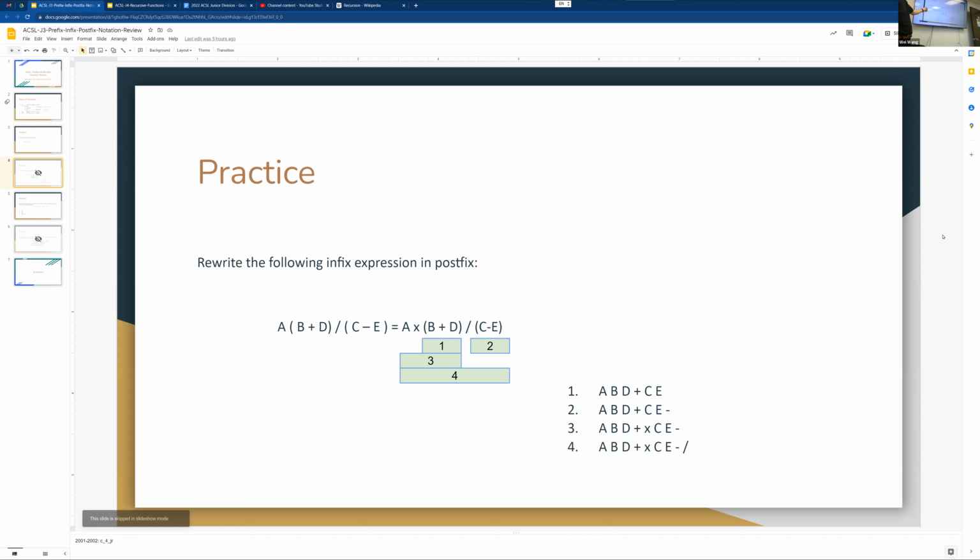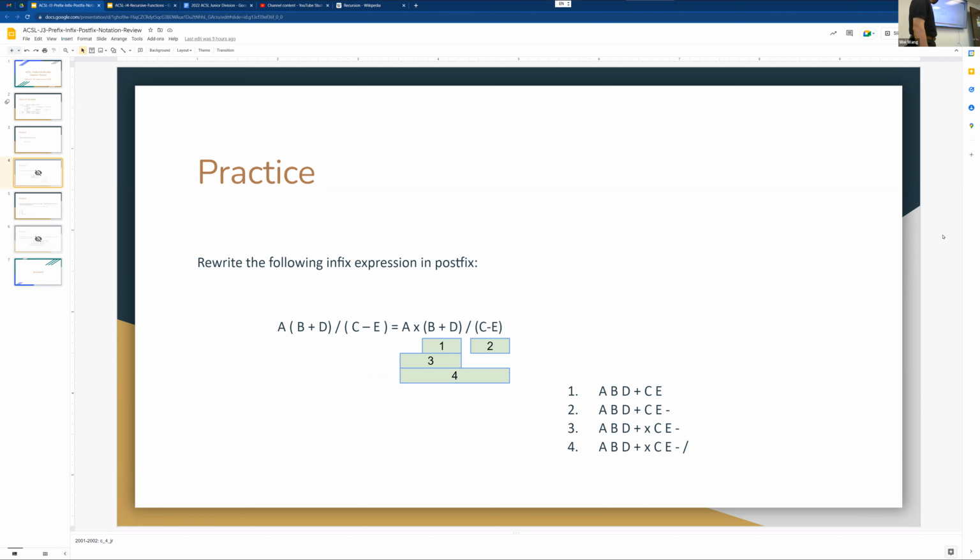For this expression, to convert the infix to postfix, first of all, there's a multiplication in here, right? When we write this expression like this, a times b plus c in parentheses, we can omit the multiplication sign, but it's there.